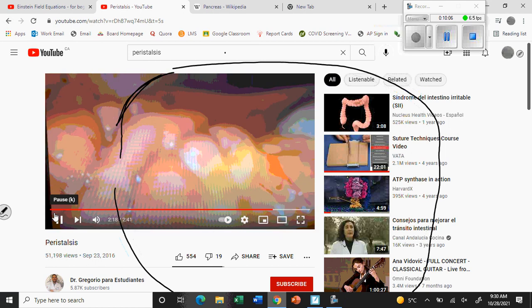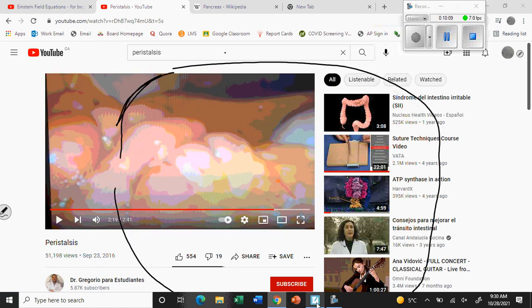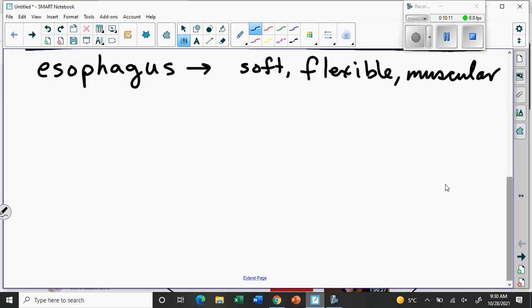So let's just pause that. Go back here to our notes. So, soft, flexible, muscular tube.